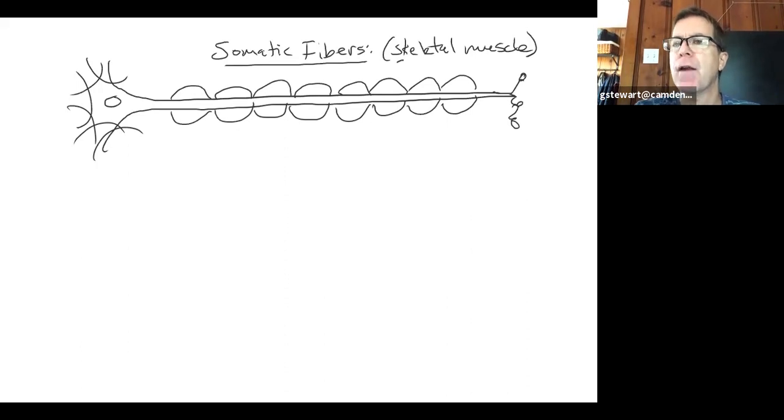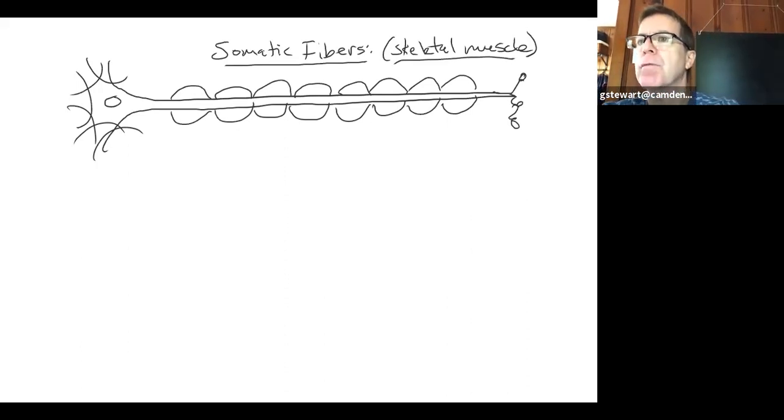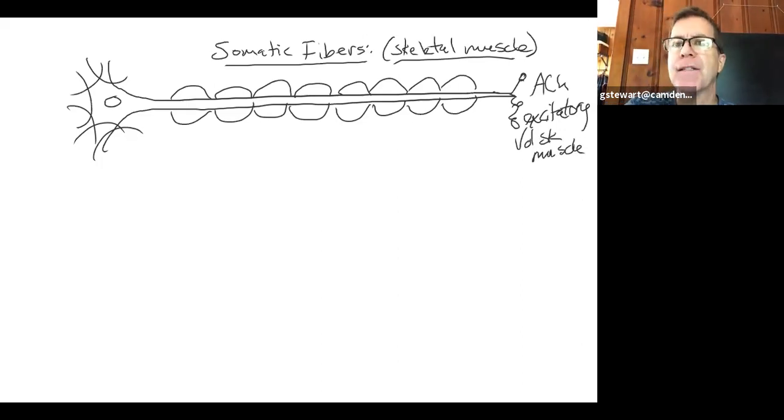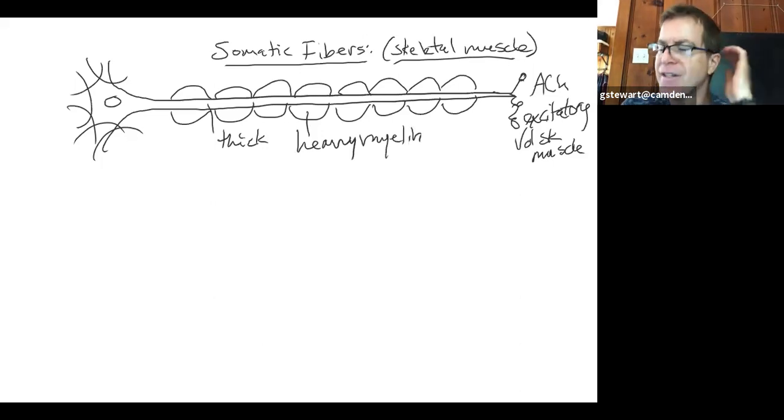Somatic, voluntary skeletal muscle. These always release acetylcholine. They're always excitatory. And they innervate only voluntary skeletal muscle. Axon diameter is thick, heavily myelinated. So super fast transmission speed, so we call these group A fibers.